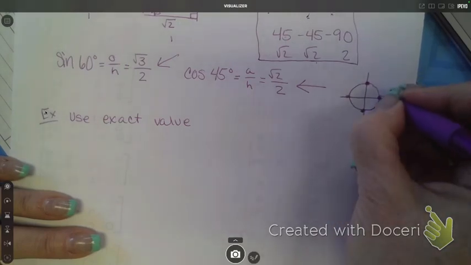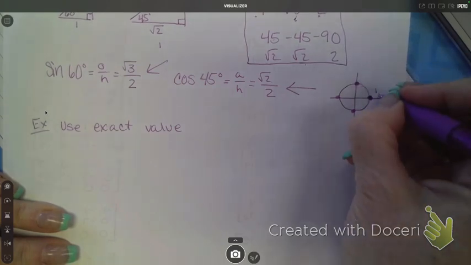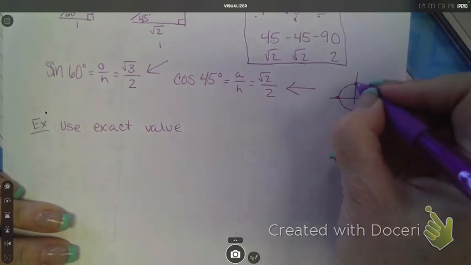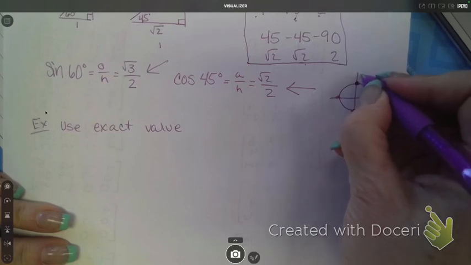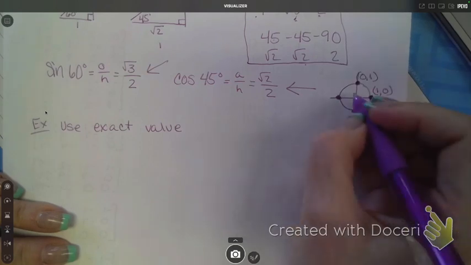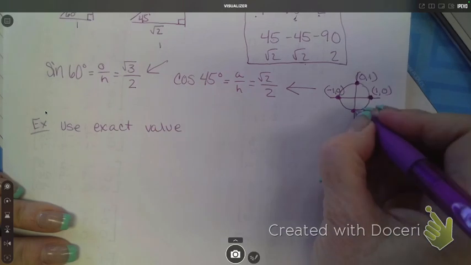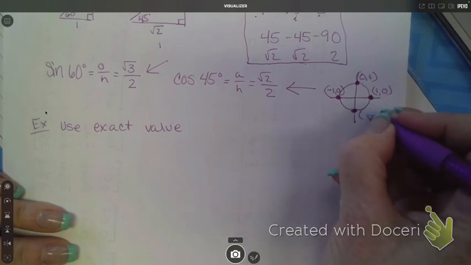What's this point? 1, 0. What's this point? 0, 1. What's this point? Negative 1, 0. And 270. 0, negative 1.